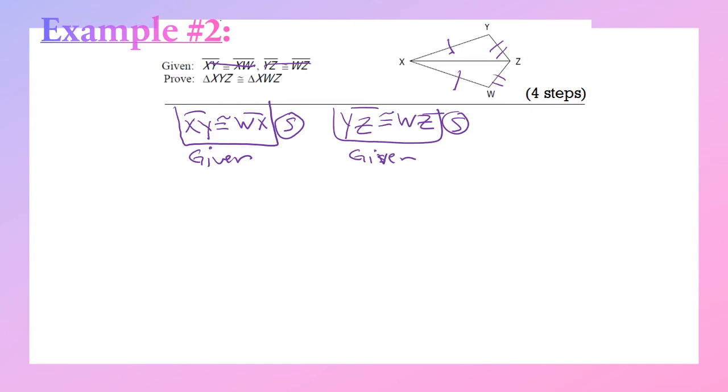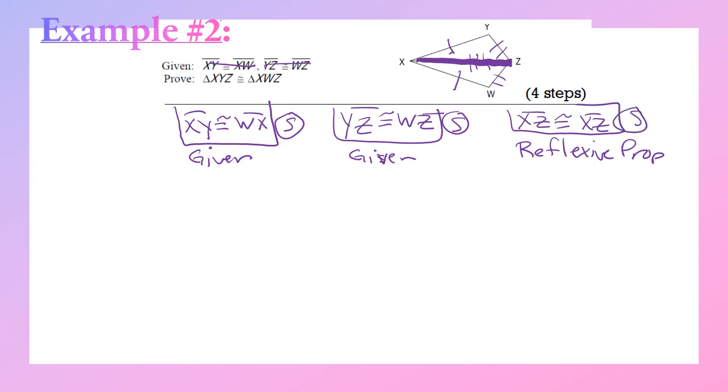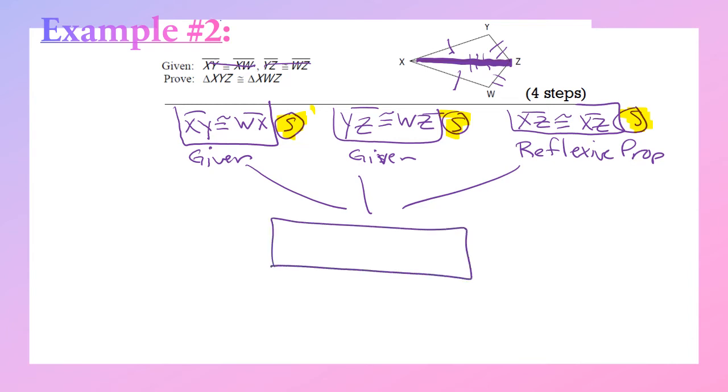Now, looking at my picture, I notice I have this segment XZ right here. We have gone over this a lot, that XZ is congruent to itself. So XZ is congruent to XZ, and I know that because of the reflexive property. Looking at my three things that I've written, I can combine those three statements to write my final congruent statement.